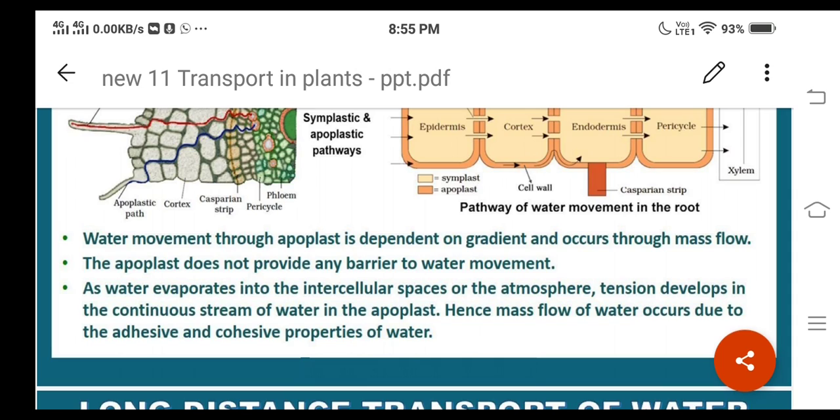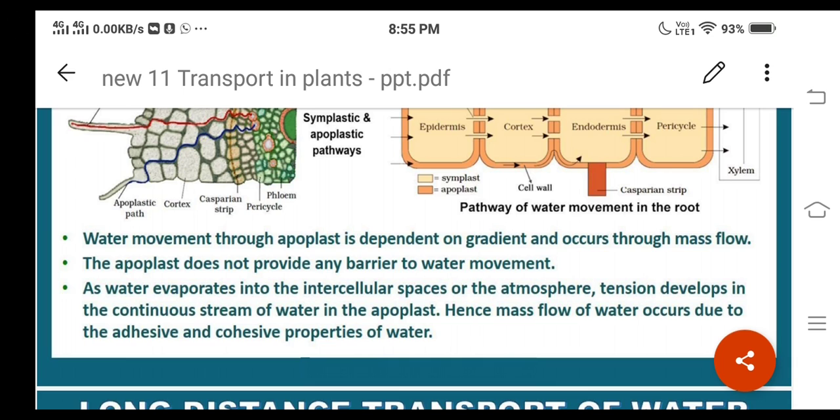In the leaves the transpiration pull or tension will be created, and that moves into the remaining part. In the xylem, water molecules will show the adhesive and cohesive properties of water.